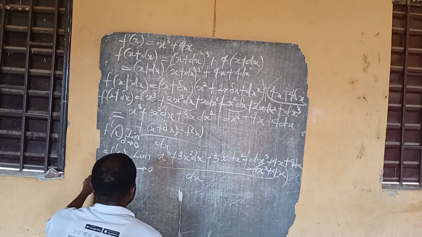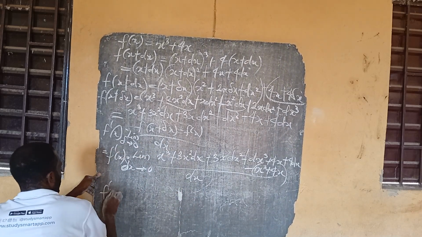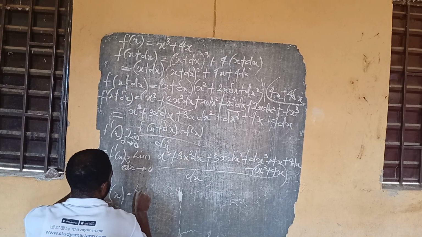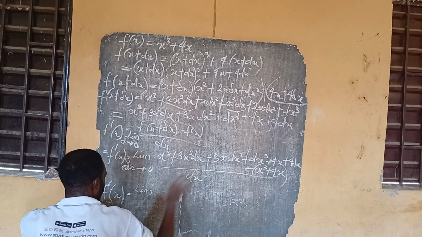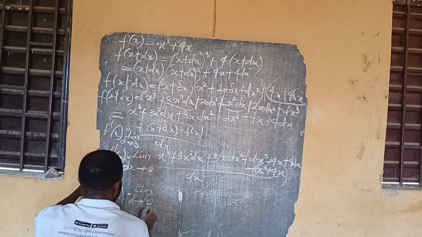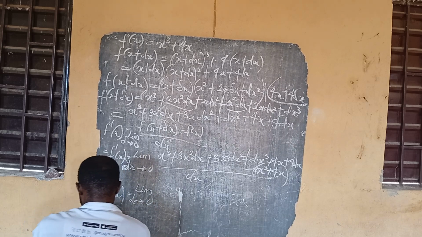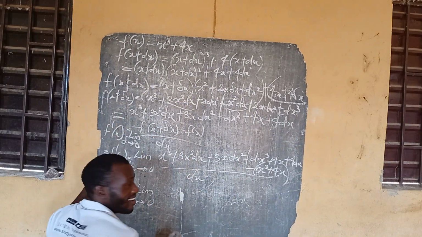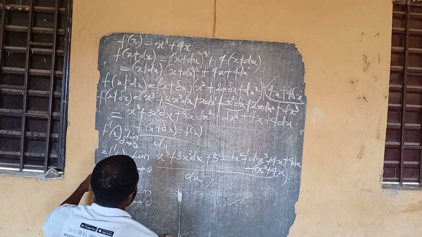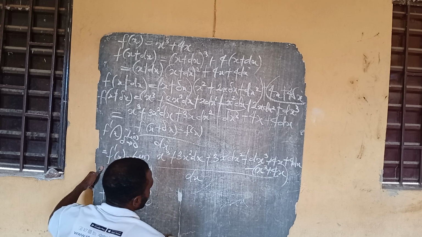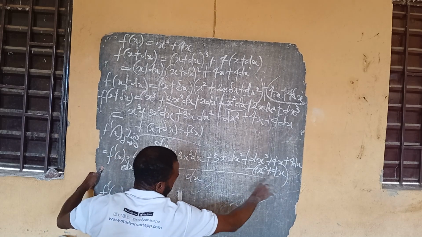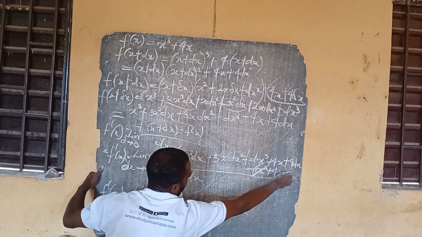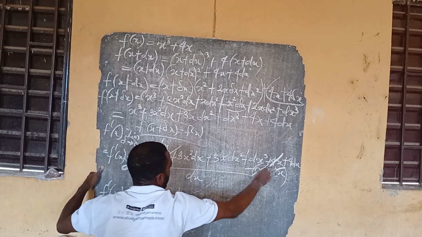Okay? If that be the case, then f prime of x will be equal to the limit of that as dx tends towards 0. You know that these two guys become negative, so this guy will take care of this guy, and 4x will become negative too, to take care of this guy.